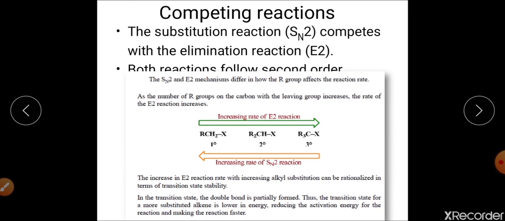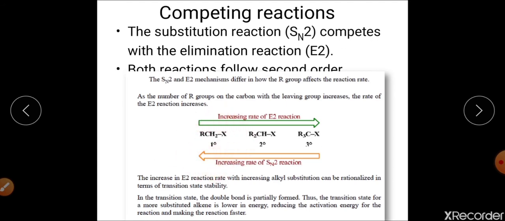While if we talk about the SN2 reaction, backside attack is done on the carbon which is bearing the leaving group. So because of the hindrance at this particular carbon, the SN2 reaction will have a lower rate in comparison to when we have a primary substrate.